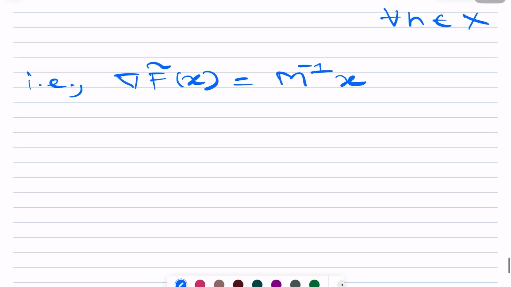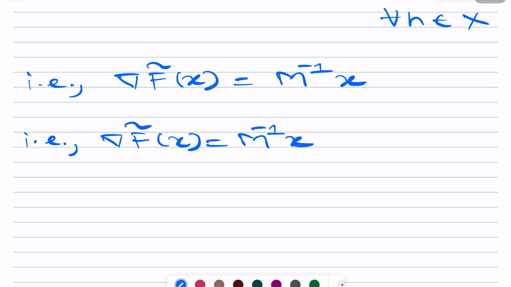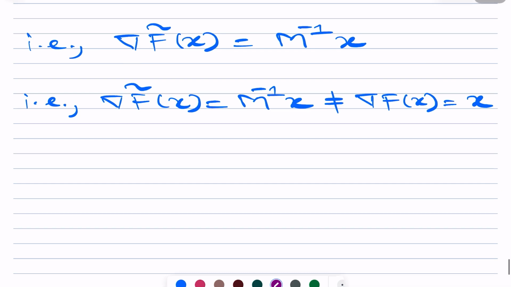So this means that the gradient of f tilde at x, which is equal to M minus 1 applied to x, is totally different from the gradient of the function f at x, which is equal to x, right? So the gradient actually strongly depends on the inner product on X. So this is actually the moral of this thing, right?